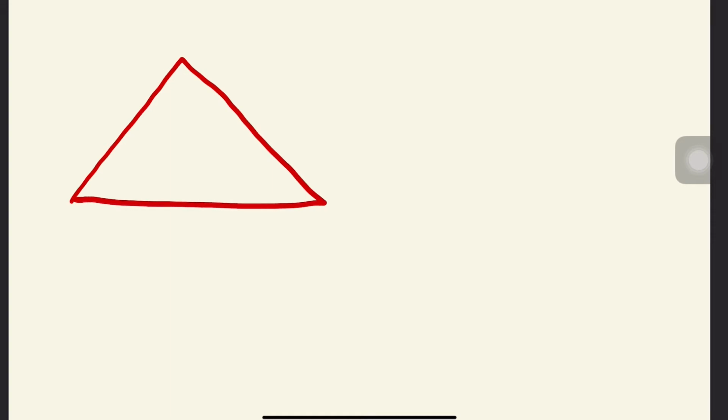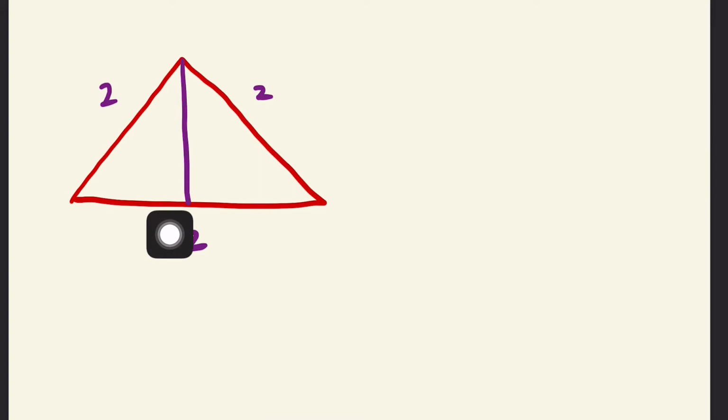So kita mulakan dulu with this triangle. Over here you have 2, 2, 2. All sides are equal. And then awak bahagikan 2, divide by 2. So this part is 1, this one is 1. Now we learn Pythagoras theorem before this, betul? So this is A, this is B and this is C. So macam mana nak cari B?